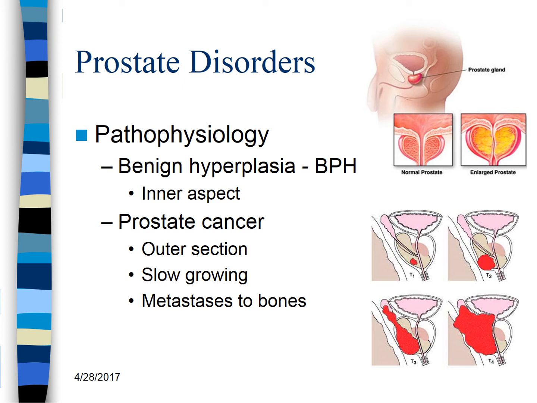And then they could also be at risk for prostate cancer. This is an androgen-dependent adenocarcinoma. This affects the outer section of the prostate, and it is slow growing. The survival rate is very good if diagnosed early. Prostate cancer will spread by direct extension.